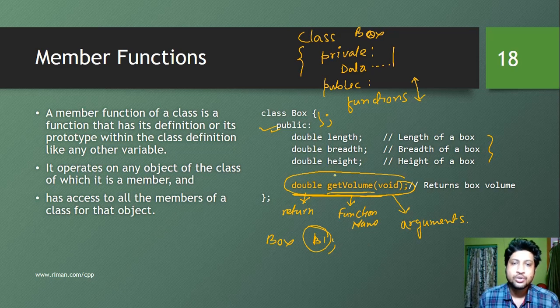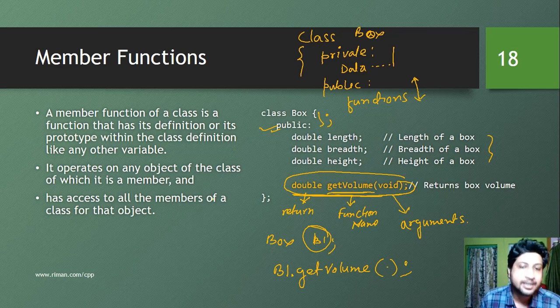So how can we access this function? After defining this particular function, if we have an object of the Box class, what we can do is v1 dot get volume. Similar to accessing the data members, we can access the public functions of a particular class using the dot operator again.